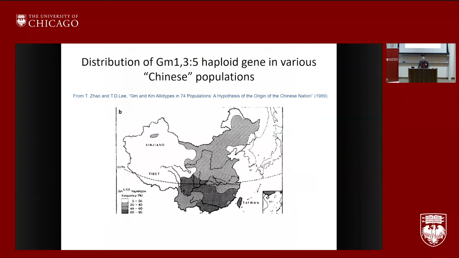This is a rather complicated map, but basically what it shows you is that most people in the North who are categorized today as Han actually have more genetically in common with the people in the North who are considered non-Han than they do with the people in the South who are considered Han. And those people in the South, in turn, have more in common with local minorities than they do with the Northern Han. It's a little bit more complicated than that, but that's the basics.